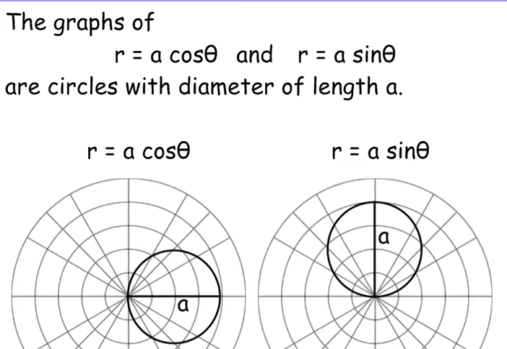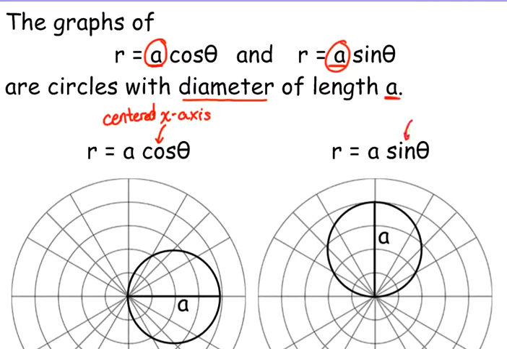So notice what this one says. They are circles with a diameter of length a. a is the coefficient in front of the cosine or in front of the sine. So I already mentioned that the cosine means that it's centered on the x-axis, meaning the diameter lies on the x-axis.